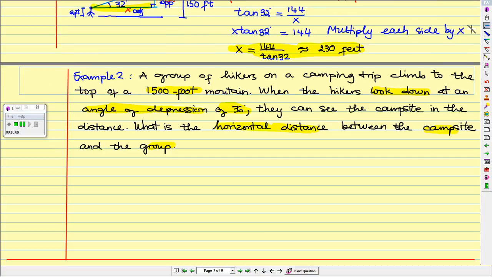So let's draw the picture. We know the height of the mountain is 1,500. This is the top of the mountain, and it's 1,500 feet.